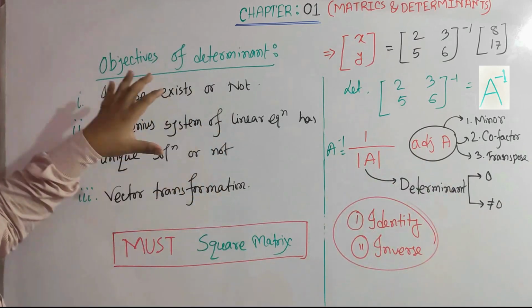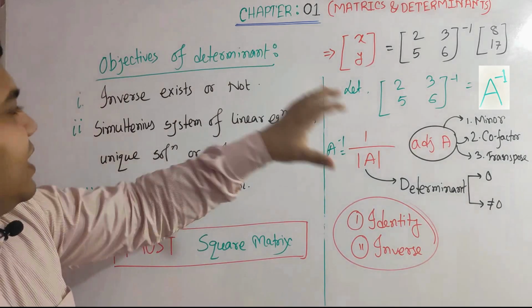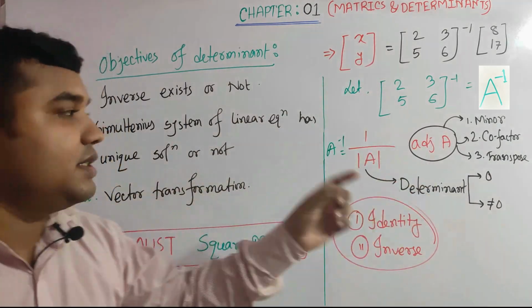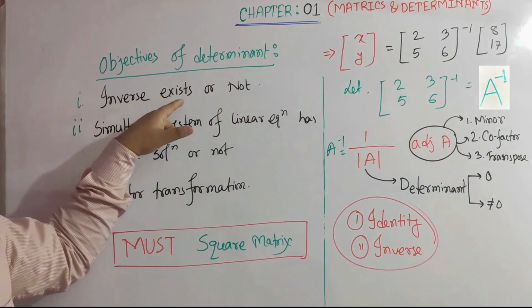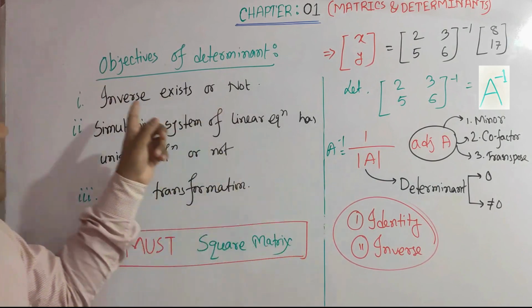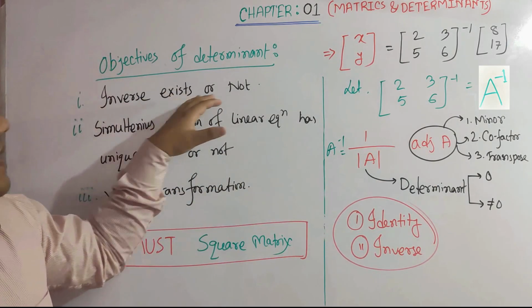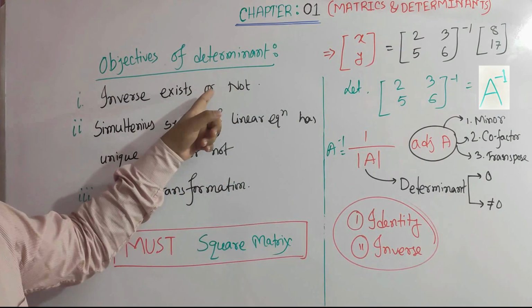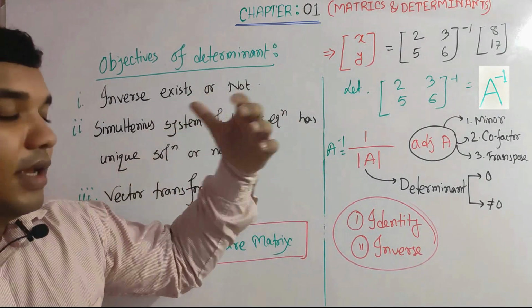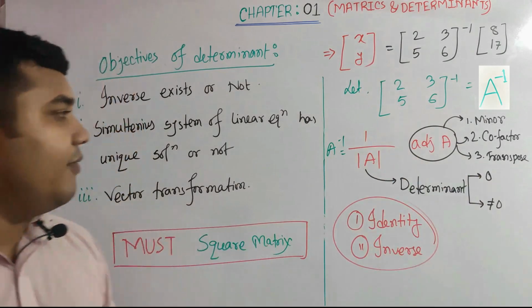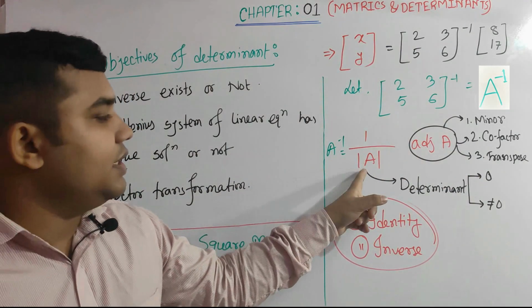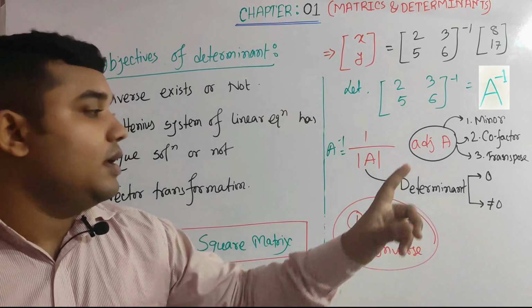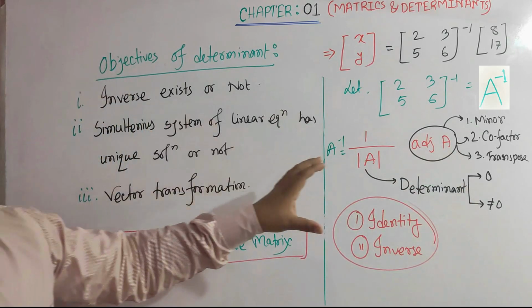Actually, determinant is something which is very important to understand the matrix, especially the inverse matrix of any matrix, whether its inverse exists or not. So if the determinant is 0, then it will not exist, or the inverse matrix is not available. But if the determinant of a matrix is non-zero, then the matrix will be invertible.